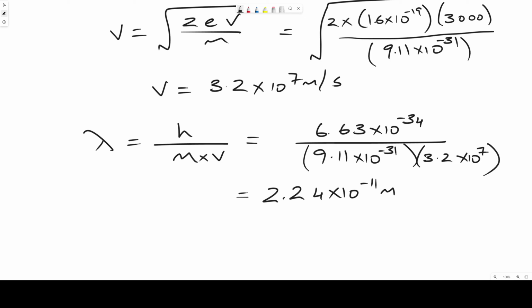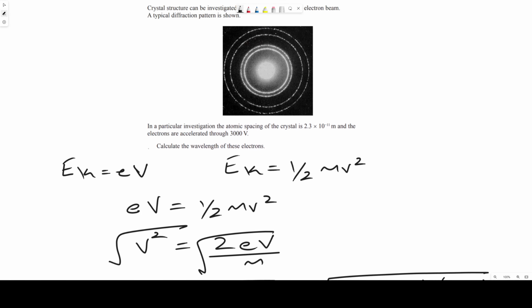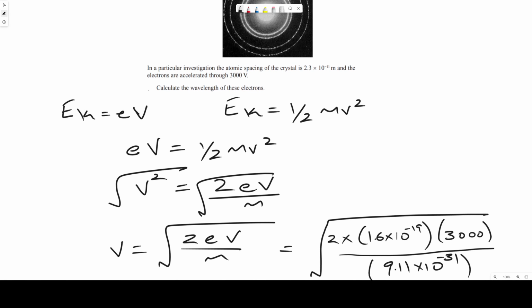So this is the wavelength of these electrons in our investigation. Now, just a quick recap: I used two kinetic energy formulas for the electron. Let me highlight all this in blue. One for the kinetic energy of an electron using coulombs and voltage, and the other using mass and velocity, because I need to find velocity.